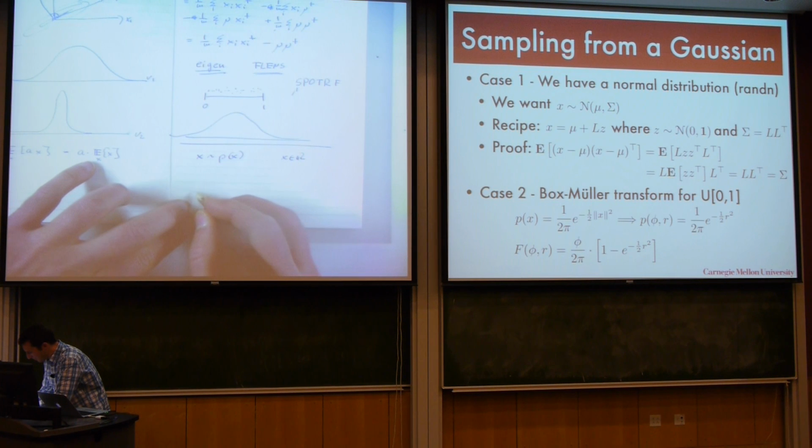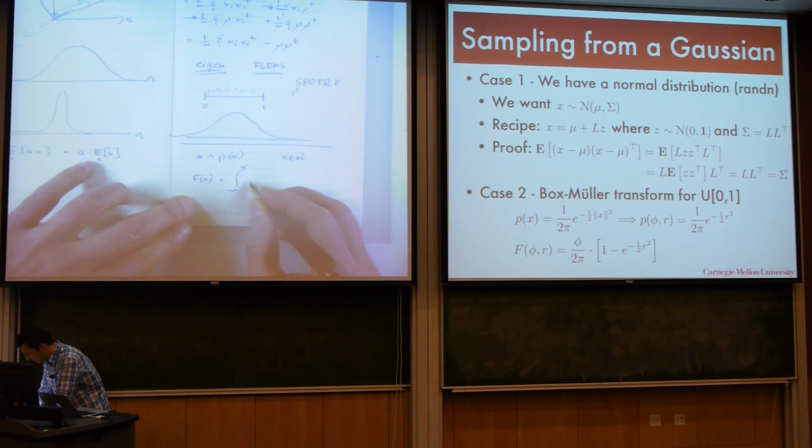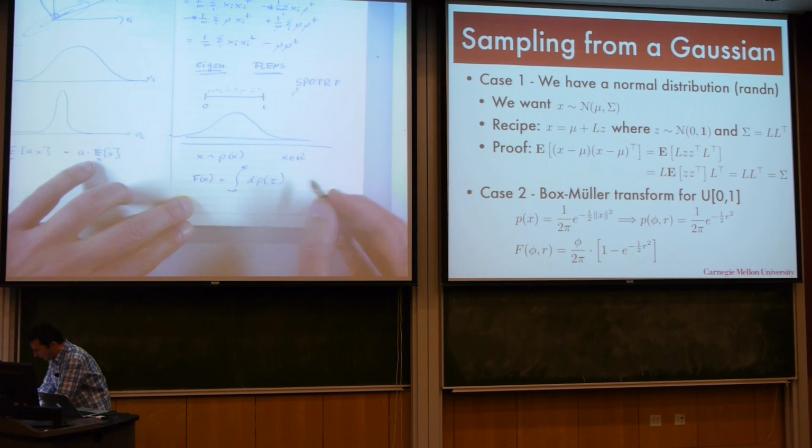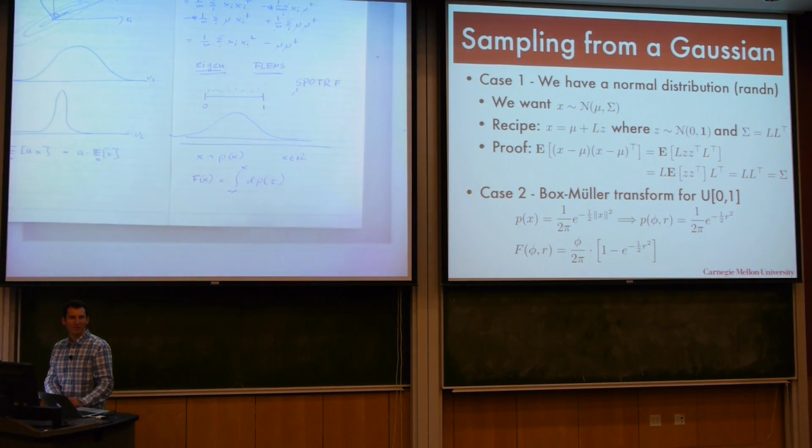Then what I can do is I can just compute the cumulative distribution function. F of x is the integral from minus infinity up to x of dp. Now, if I do that, then I know that f of x is going to take on values exactly between, what values does f take? 0 and 1, exactly.